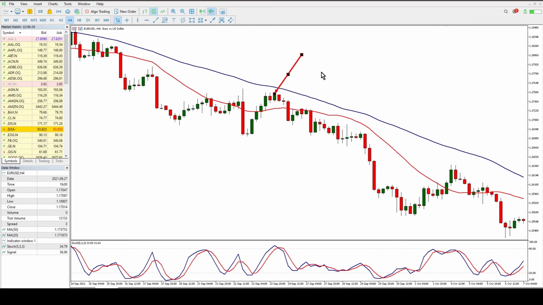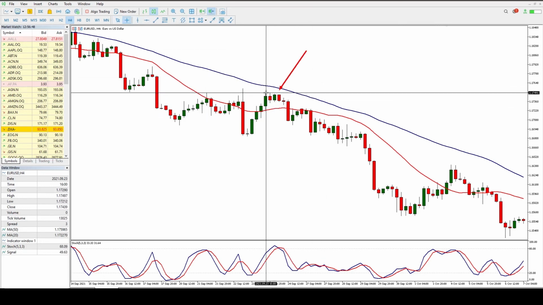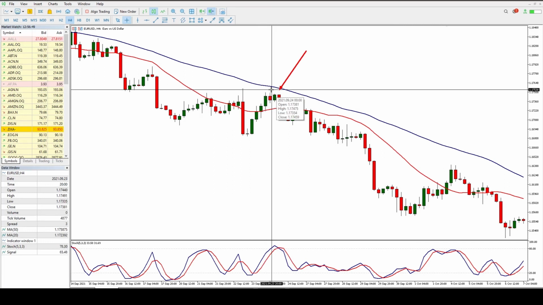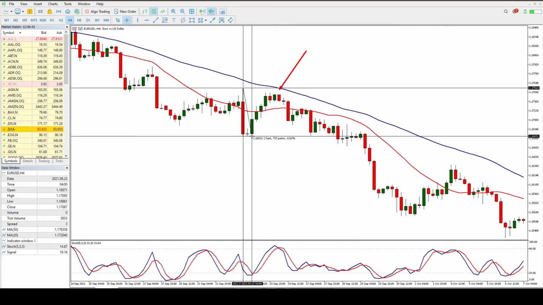The market is trading now close to the moving average, and we have a downtrend. Now if I want to have my stop far enough from the current price, I would need to know the recent range. That is about 0.62% or 73 pips. This is a 4-hour chart, so this range is quite wide.